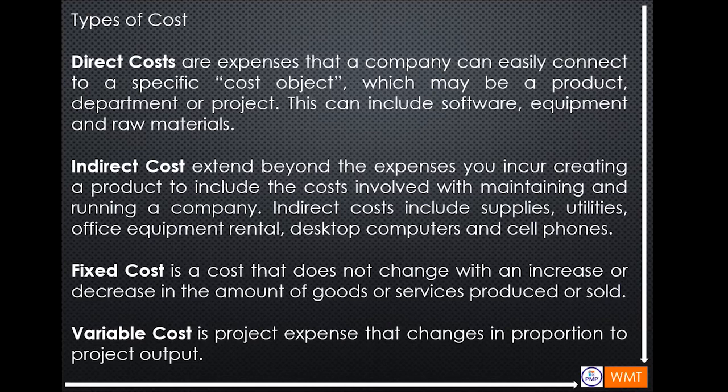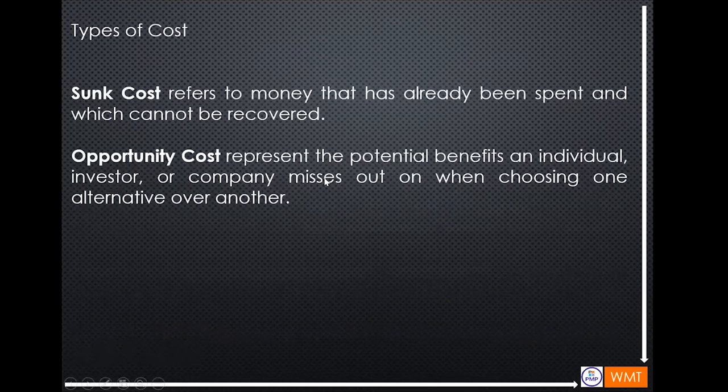Then the variable cost is a project expense that changes in proportion to the project output. Then sunk cost refers to the money that was already spent, which cannot be recovered. And then the opportunity cost represents the potential benefits an individual investor or company misses out on when choosing one alternative over another.